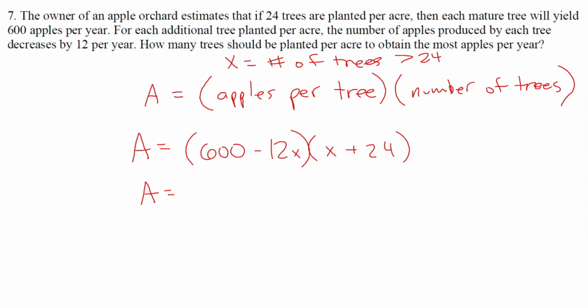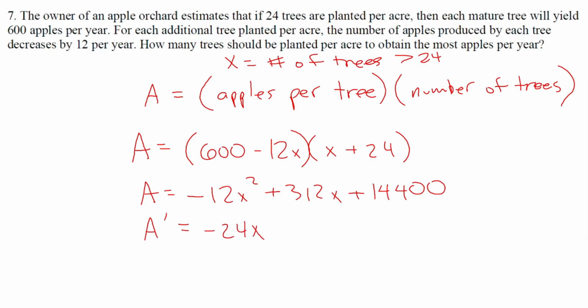If we distribute all of that out, we end up getting negative 12x squared plus 312x plus 14,400. We'll take our derivative, because that's how we determine when we're at a maximum, which gives us negative 24x plus 312.